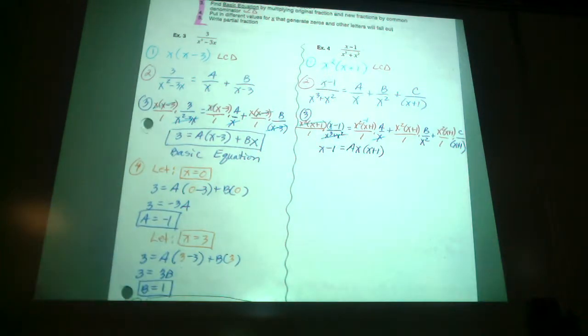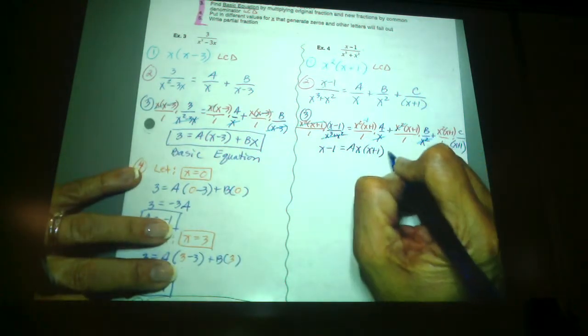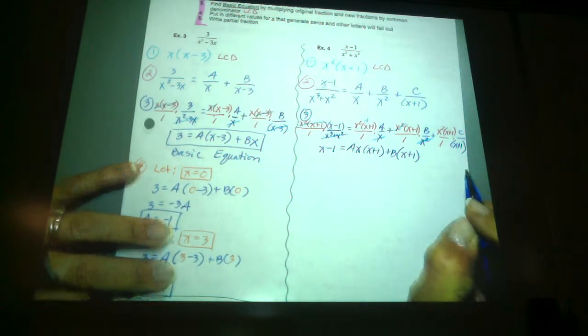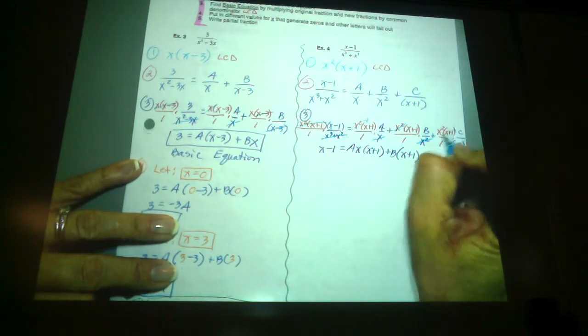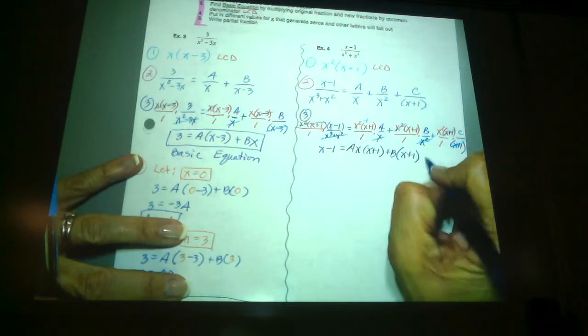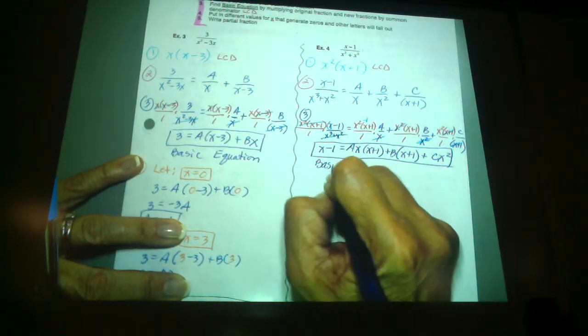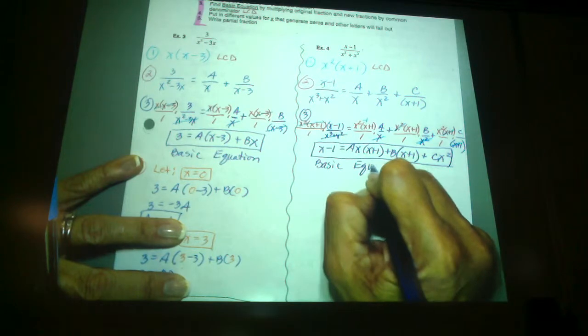Then in the second fraction, both x's cancel. This is like Grand Central Station today. So then I have a b times x plus 1. And then the x plus 1 cancels with the x plus 1, and we end up with plus cx squared. So this entire thing is our basic equation. So it's a bit more complicated than the last one.